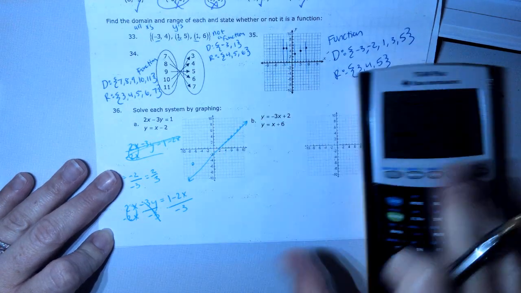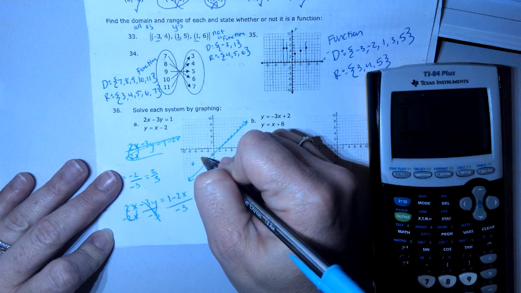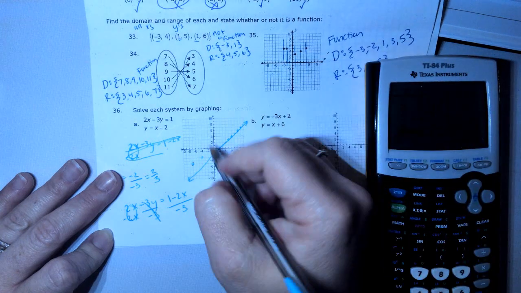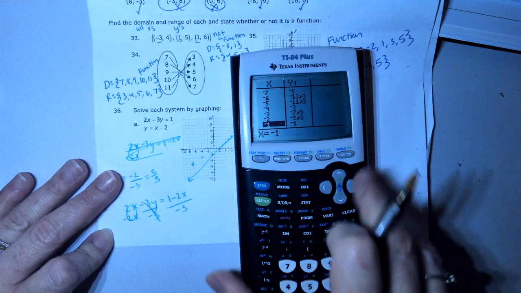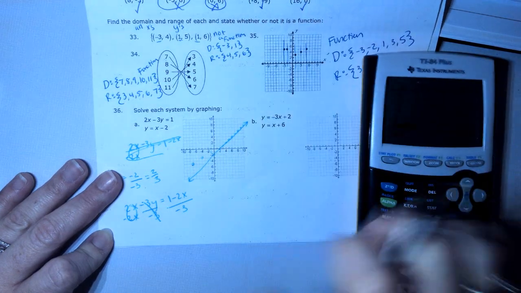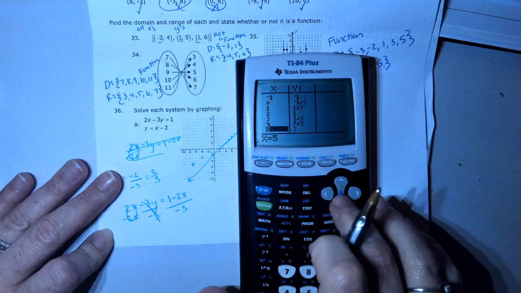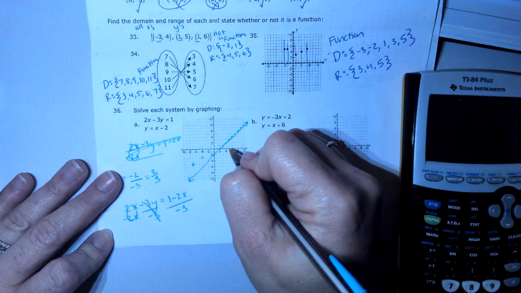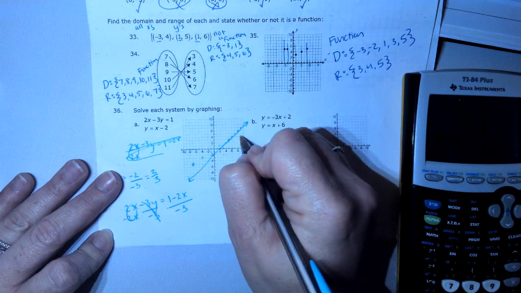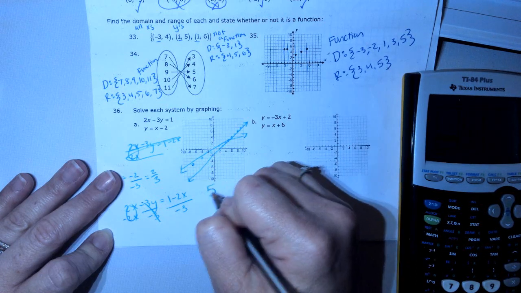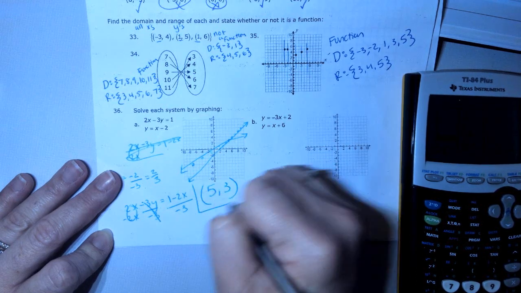Negative 4, negative 3. Negative 1, negative 1. 2, 1. So it's getting super close. 5, 3. That's where it touches. So this is my answer. So 5, 3 is my answer, because where they touch is your solution.